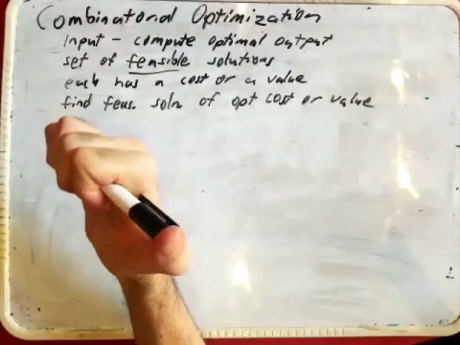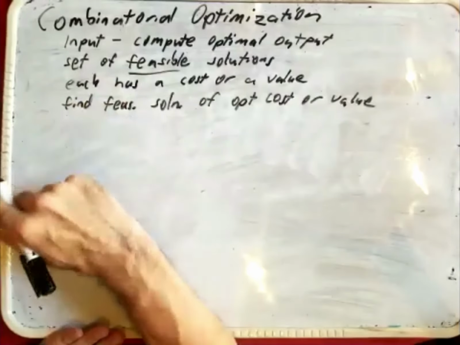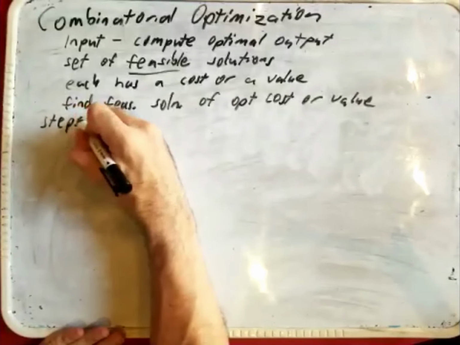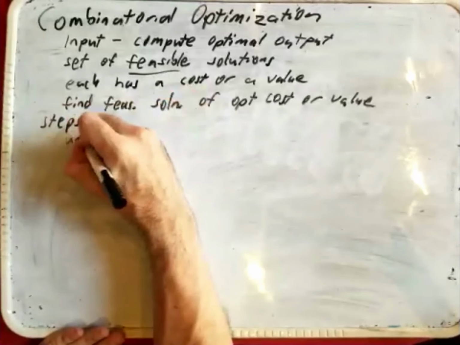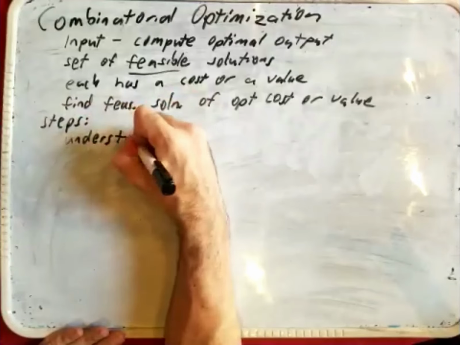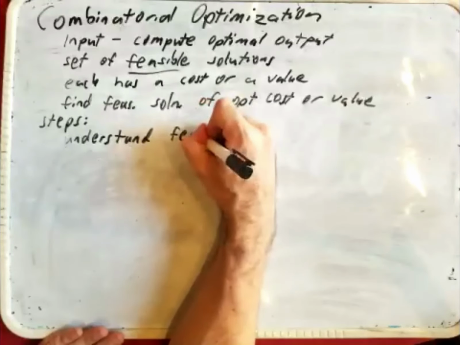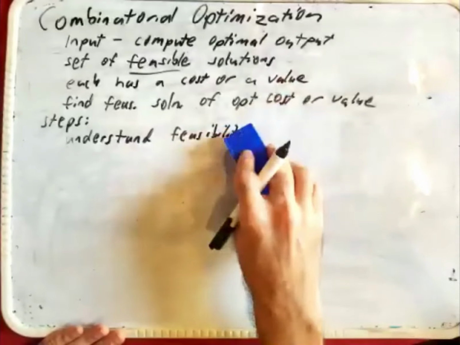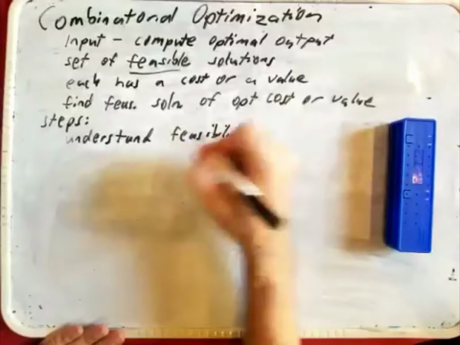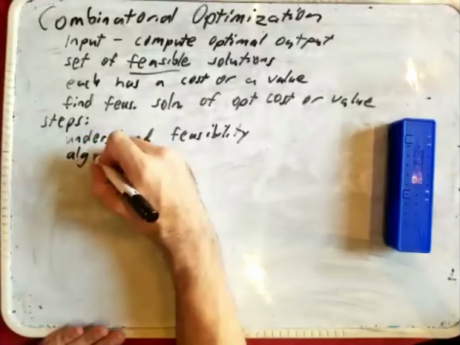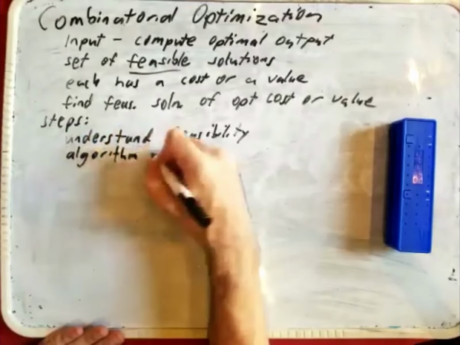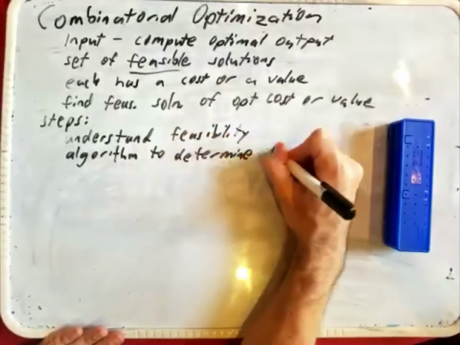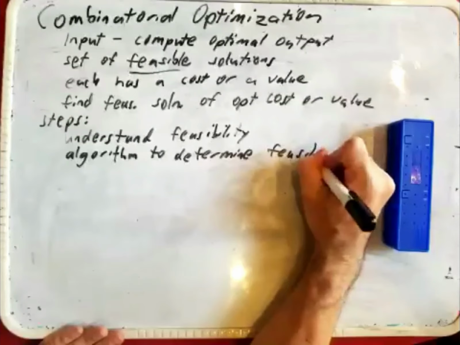And for many of these problems, there's a pretty common paradigm for how you think about them. First, you understand feasibility. You ask, what defines a feasible solution? And you may actually talk about having an algorithm to determine feasibility. And sometimes even that is hard.